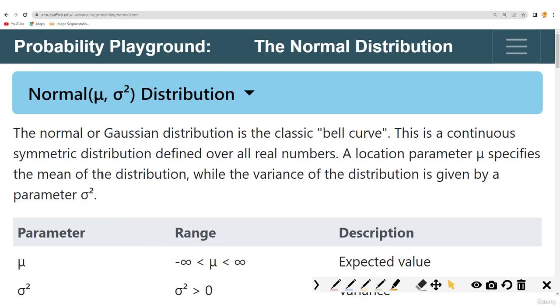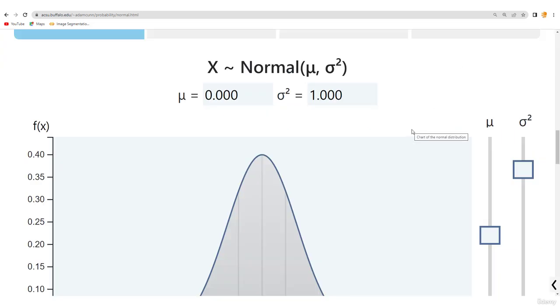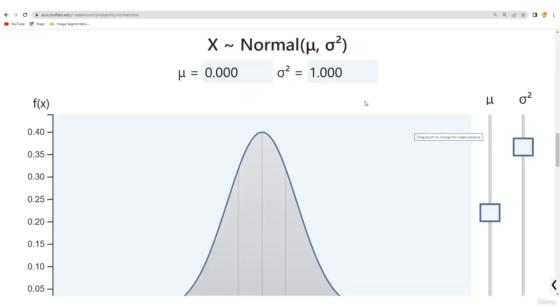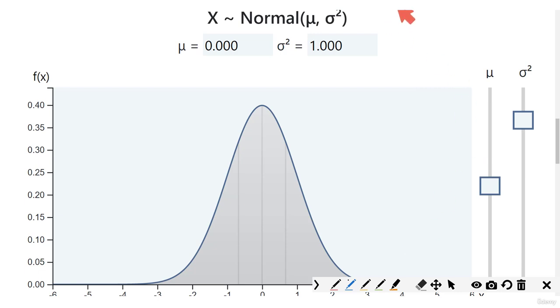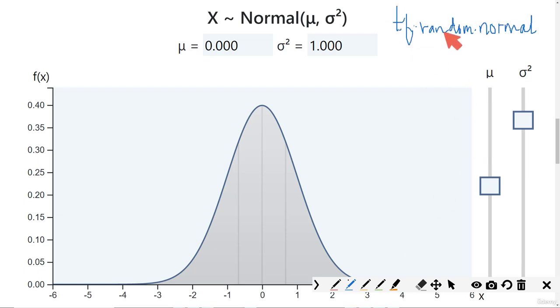Now, to better understand what is going on, let's consider this figure from this probability playground by Adam Cunningham from the University of Buffalo. As you had noticed in the code, when we did TensorFlow random normal and specified the mean, the mean is this mu you have here.